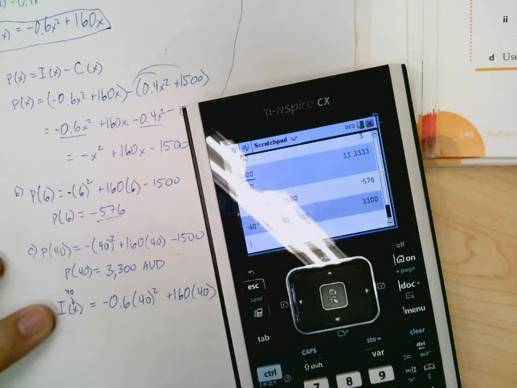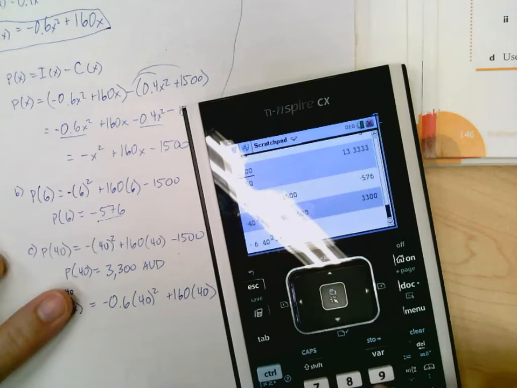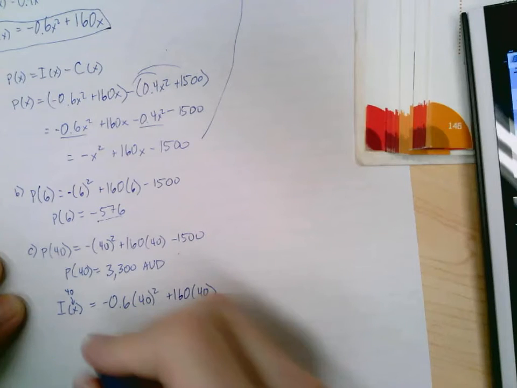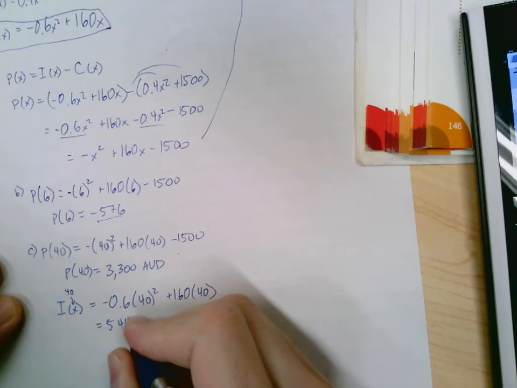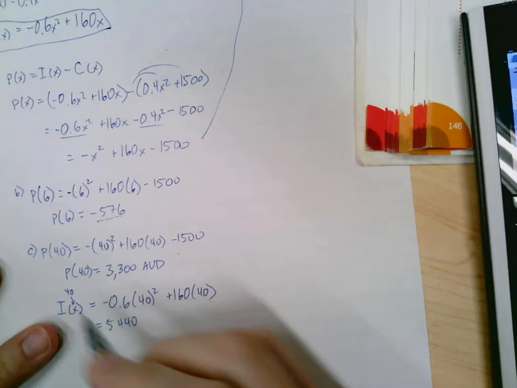All right, so we go negative 0.6 times 40 squared, and then plus 160 times 40, and I get 5,440, just like that. So that is how much I got paid for 40 books.